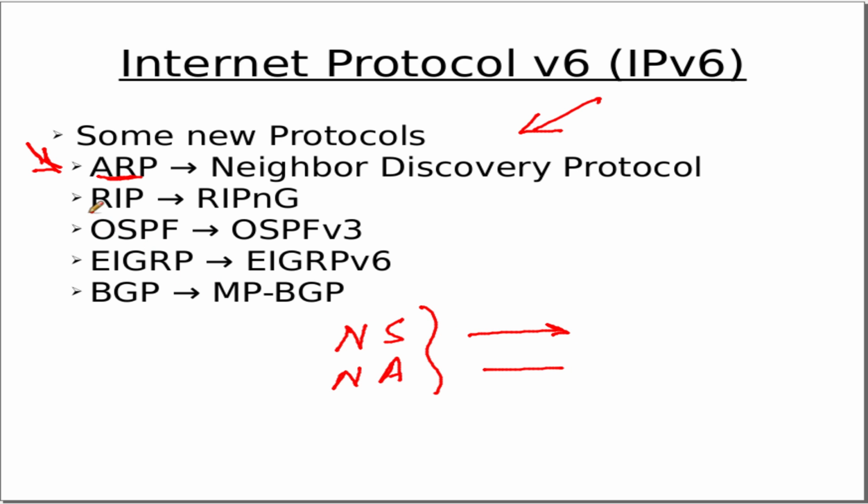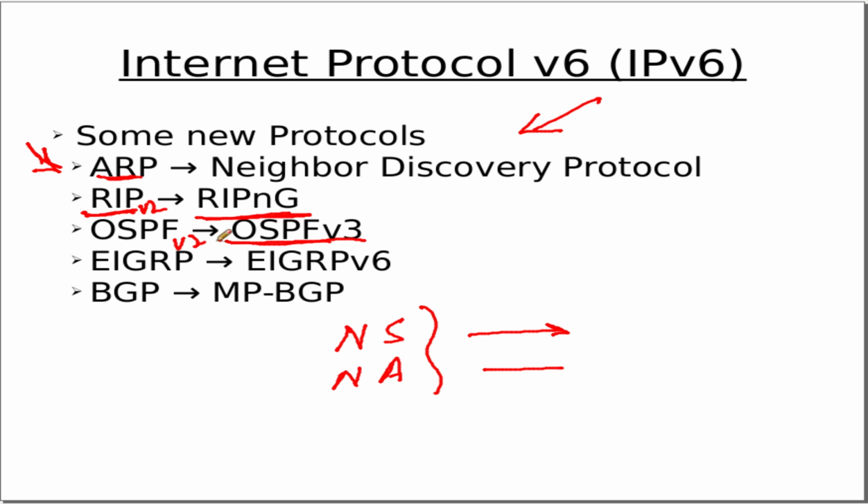Likewise, the routing information protocol, RIP, or even RIP version 2, does not support IPv6 addresses. So the protocol was modified to support IPv6 addresses, and it is called RIP next generation. Likewise, for OSPF, engineers had to develop OSPF version 3.